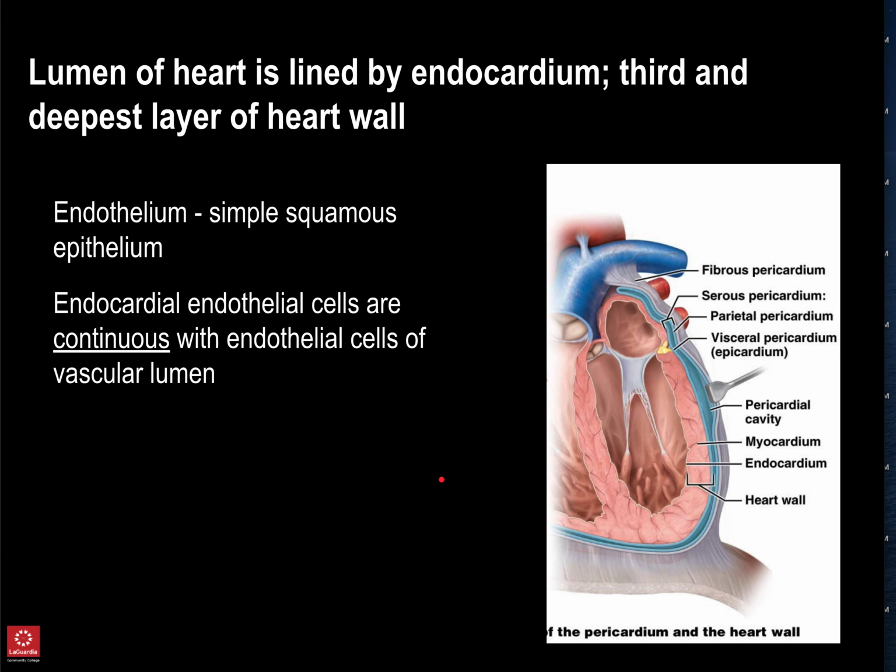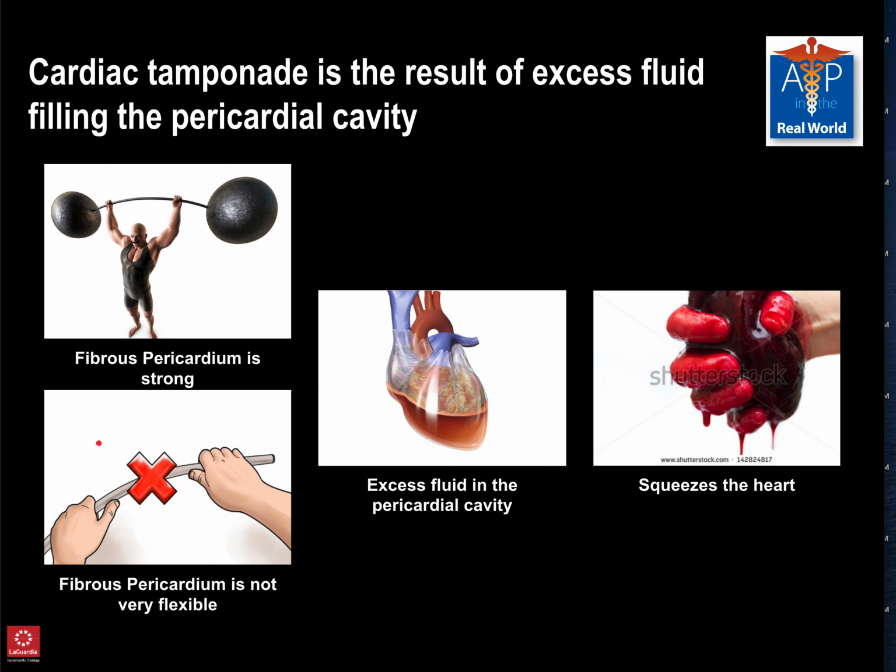It consists of endothelium, which is a simple squamous epithelium. It's the third and deepest layer of the heart wall, and the endocardial endothelial cells are continuous with the endothelial cells of the vascular lumen, and that is the lining of endothelial cells on the inside of the blood vessels.